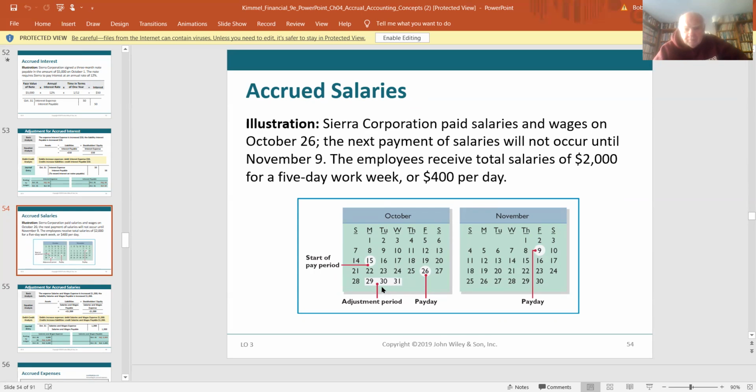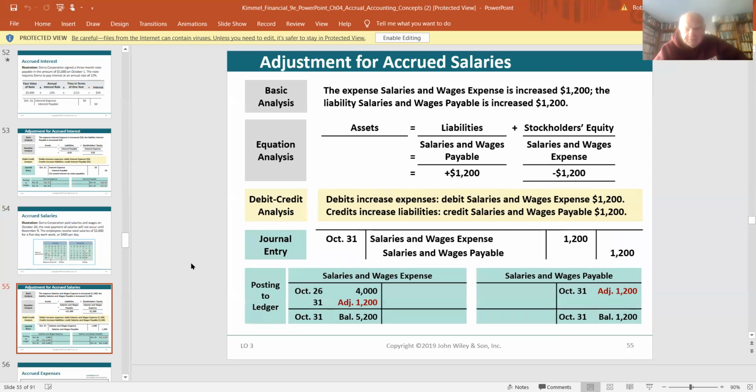So we have to say to ourselves, this expense of $400 a day belongs in October. So we are going to debit supplies expense, not supplies, I'm sorry, I meant to say salaries and wages expense for $1,200, and we're going to credit salaries and wages payable for $1,200.